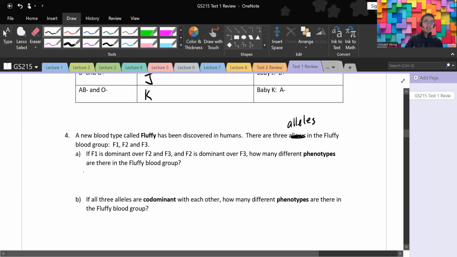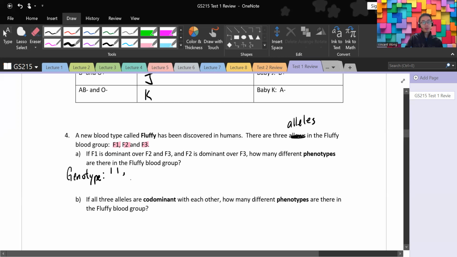Okay, so let's list the genotype first. What are all the possible combinations if there are 3 alleles present, F1, F2, and F3? I'll give you one. For example, we can have 1 and 1, right? So F1 on one allele, F1 on the other allele.